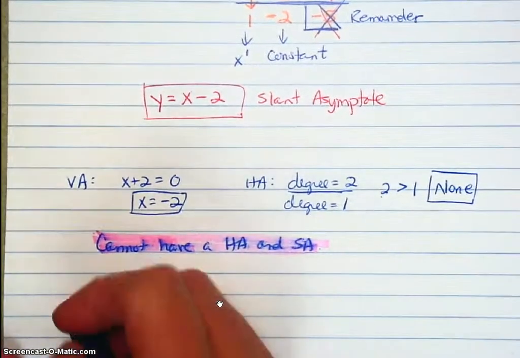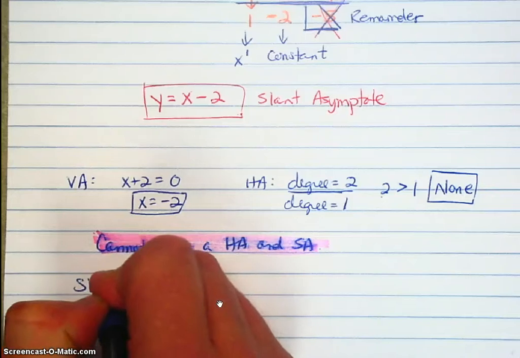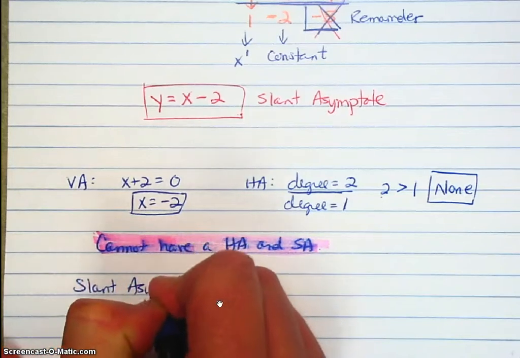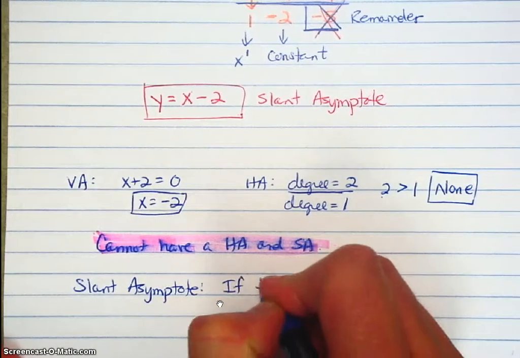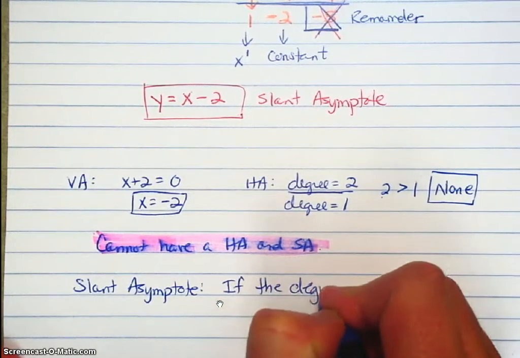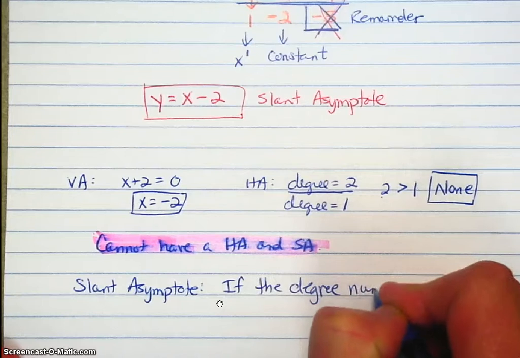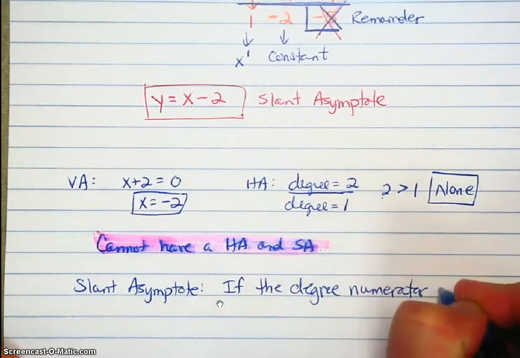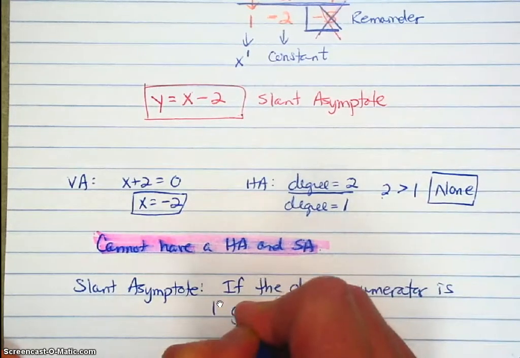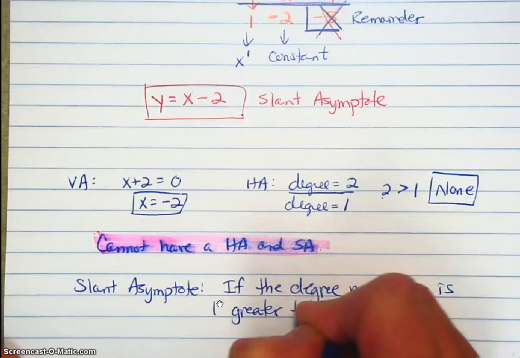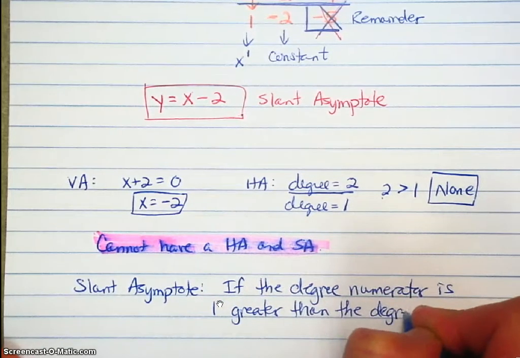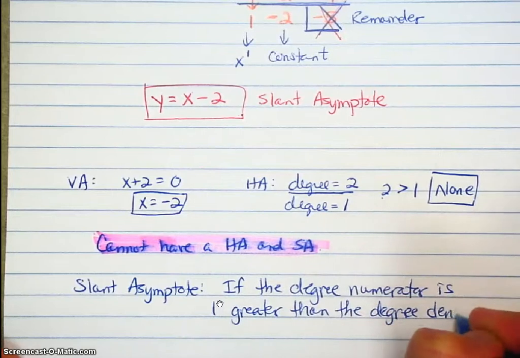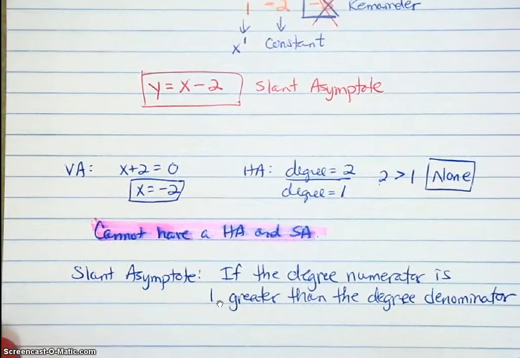Here's your rule for slant asymptotes. If the degree of the numerator is 1 greater than the degree of the denominator, that's how you know you have a slant.